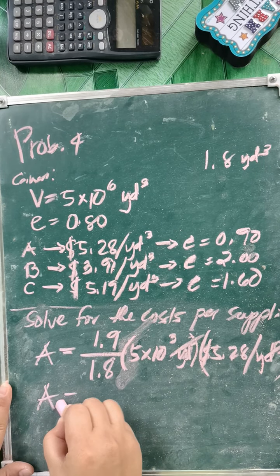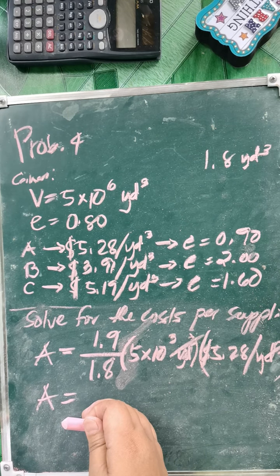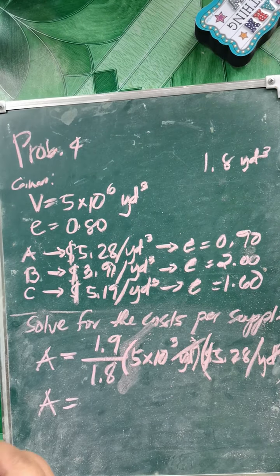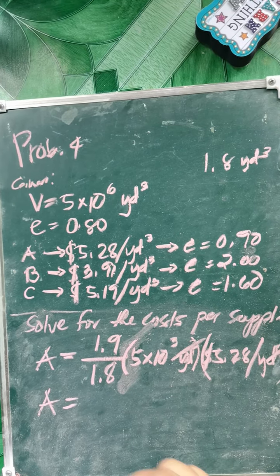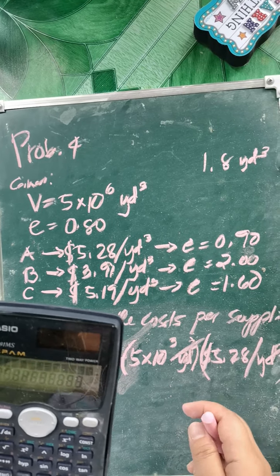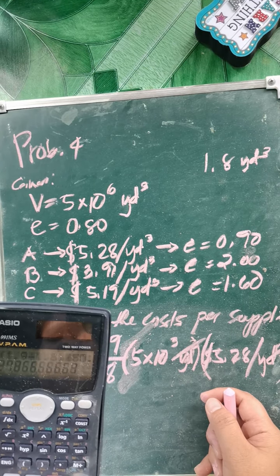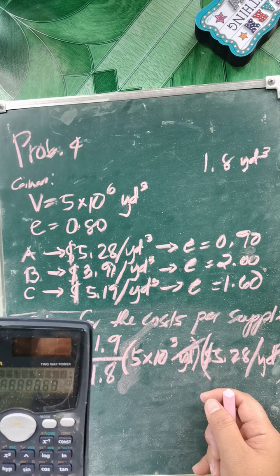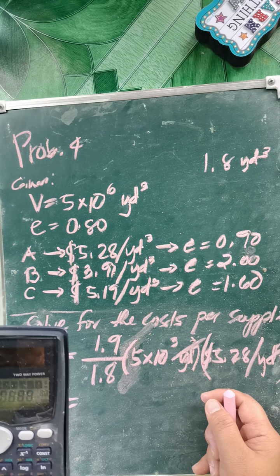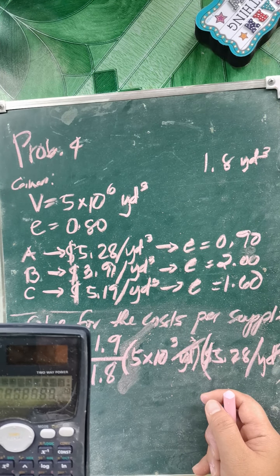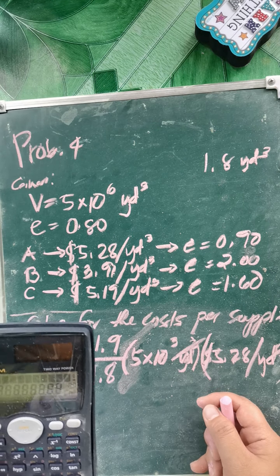So for supplier A, we calculate. We have the value of 27,866,666.67.